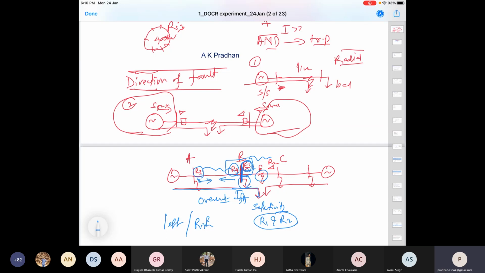If it is a left fault, R4 should take care, even if the current is higher than the pickup. So with that requirement, this is about the direction of fault. If a fault happens to be here, let us say this is F1 and this is F2. For the F2 fault, R1 should remain silent, and R3 and R4 should operate.